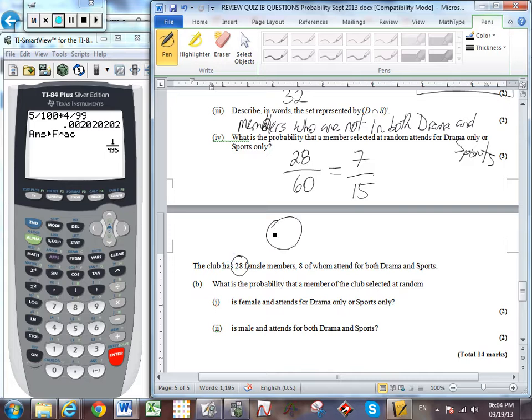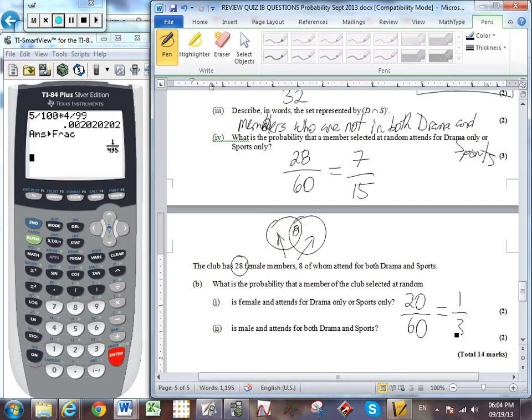If you imagine these females, and there's 8 who take both, that must leave a total of 20 who are in only drama or only sports. So there's a total of 20 members out of the total of 60 members who are amongst our 28 females, but they are not the ones taking both, meaning they're taking only one of the 2, and that reduces to 1/3.